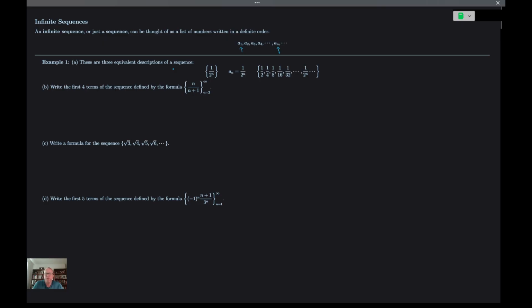So there are three equivalent descriptions of a sequence. One is to write just a general formula and put the curly braces around it. So that's one way. And then the other way that you probably have seen, I think that most of the time this is a typical way to write these in algebra classes. You name the sequence whatever letter you want besides n. So a sub n, b sub n, c sub n, and that equals whatever formula you're going to use.